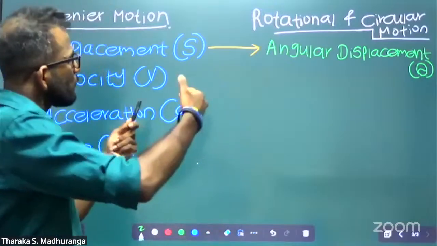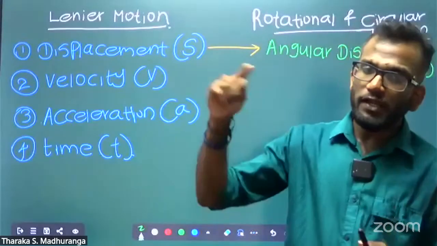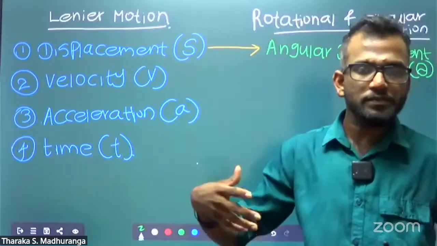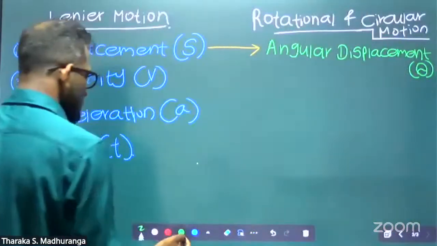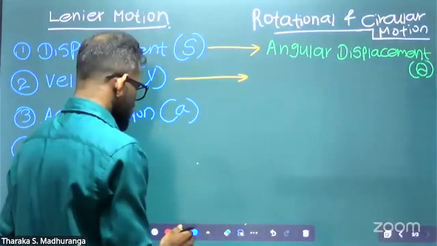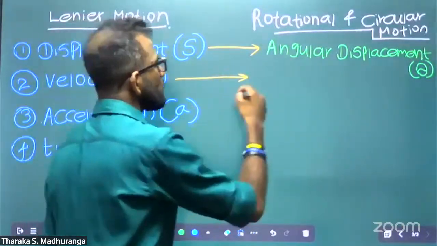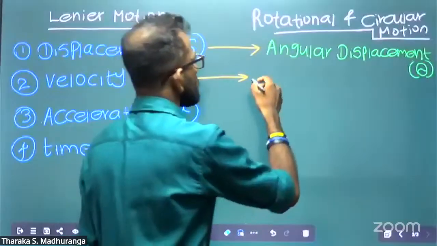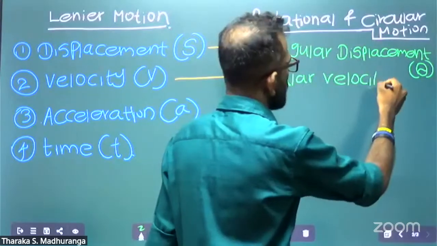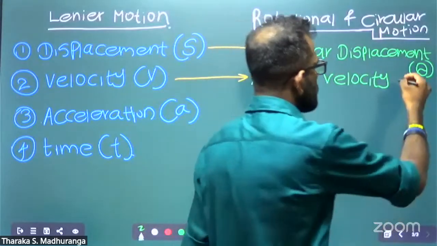Now, if we consider velocity, is it possible to get velocity in a rotating fan or any circular motion object? No. Therefore, instead of velocity in rotational and circular motion, we use angular velocity.